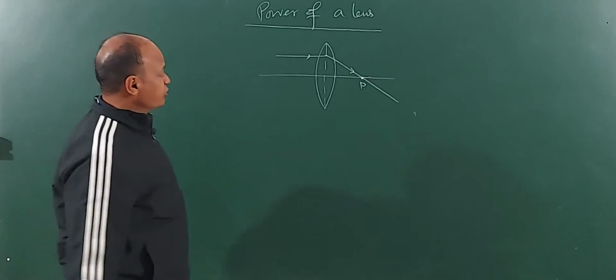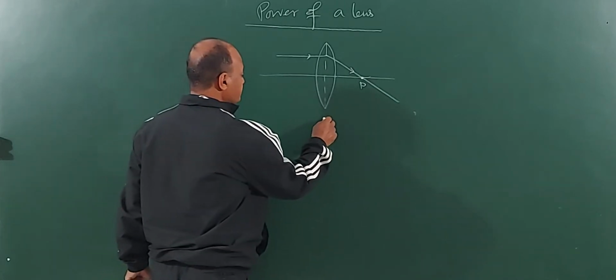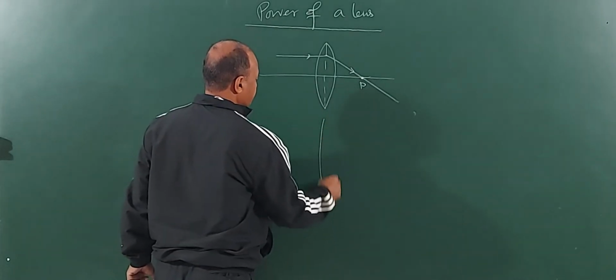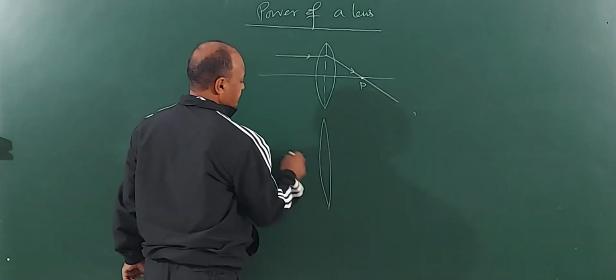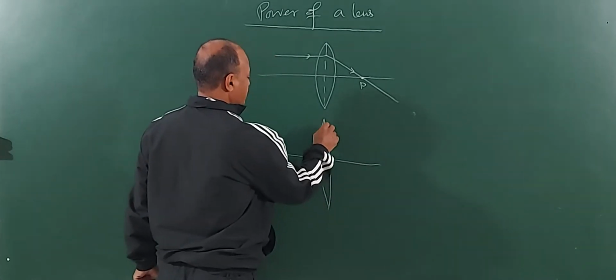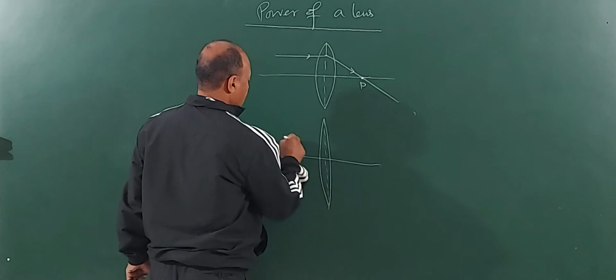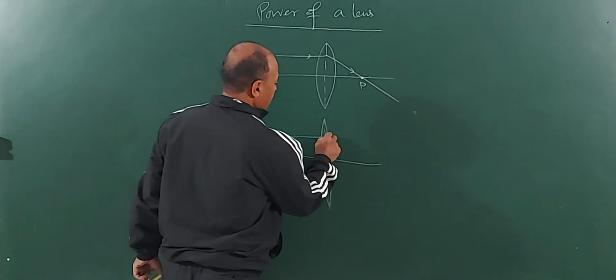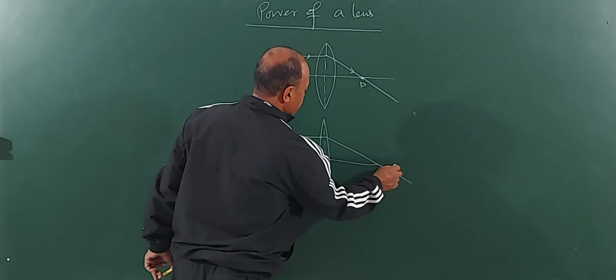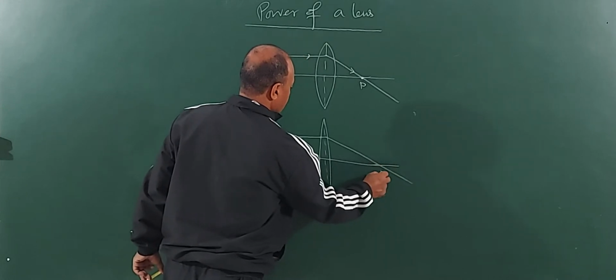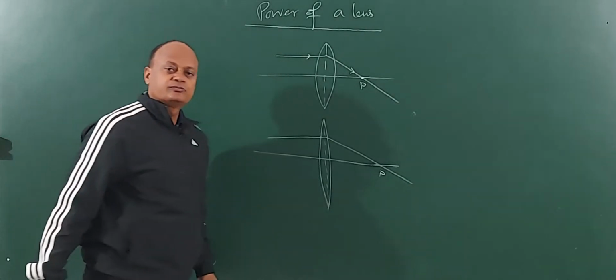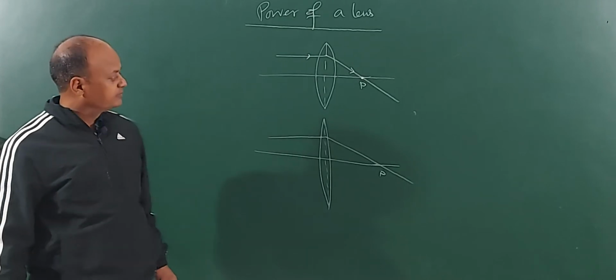Now imagine another situation. We have another lens. A ray of light is incident on it, and this ray of light is bending less, as you can see, and focusing farther away from the lens.